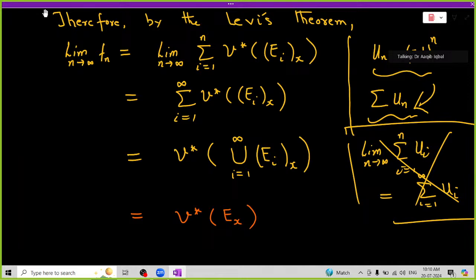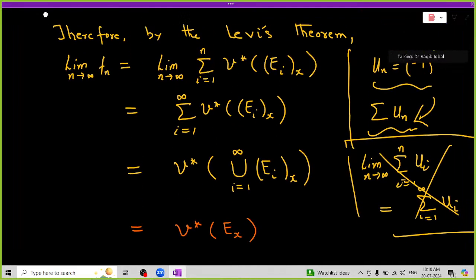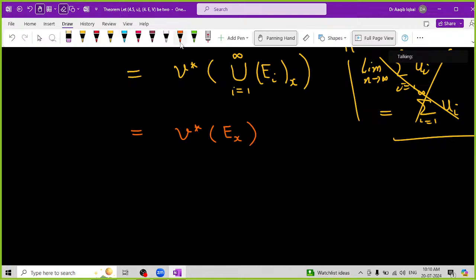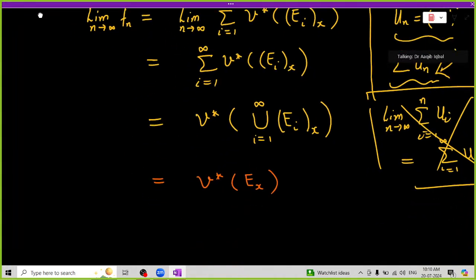Now by Levy's theorem, limit of f_n's is integrable. So that means ν star of the x section of E is an integrable function because it's equal to limit, and limit by Levy's theorem is integrable. Follows by this, equal to this.